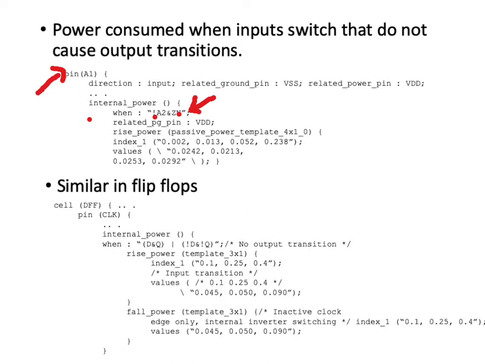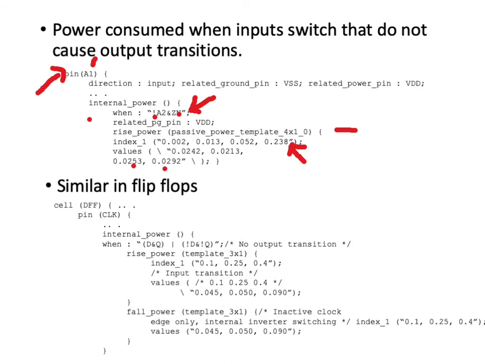So when A2 is set at 0 and Zn is 1, a rise transition on input pin A1 does not lead to any transition at the output, but it does consume energy, which is given by these values under specific rise transition times given by this index.